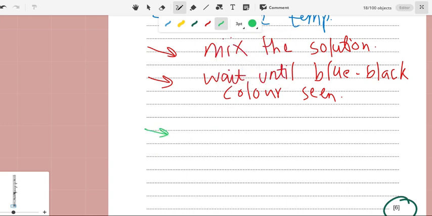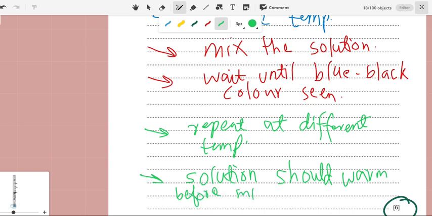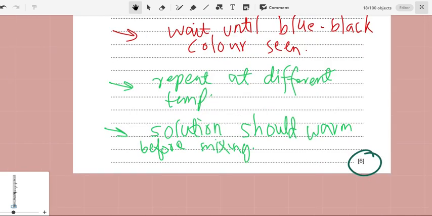Now repeat at different temperatures. And the solutions should be warmed before they are mixed. So these are the points you have to write in this question.